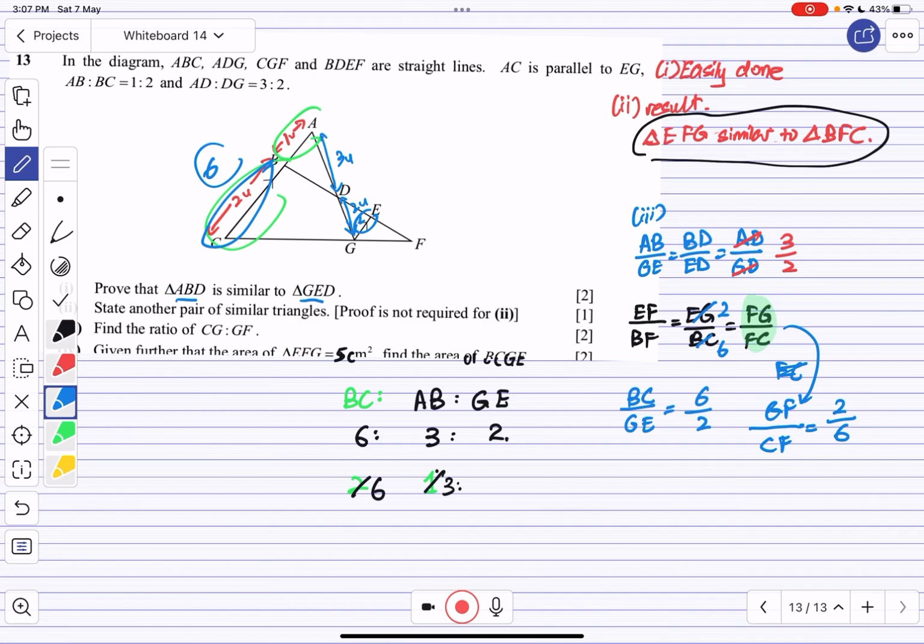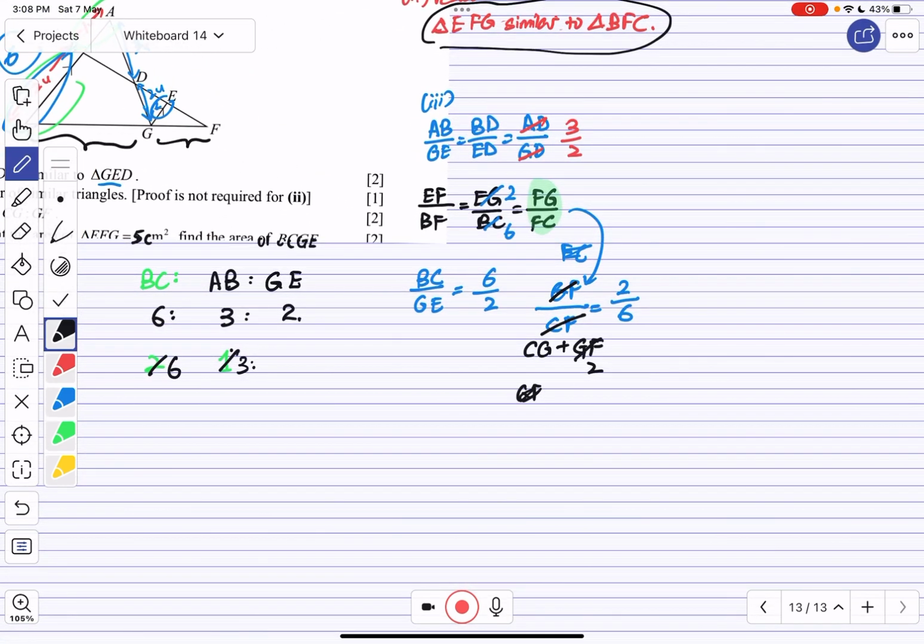And CF is the same as CG plus GF. Okay, CF is the same as CG plus GF. GF again is 2 units. Right, so it's like I'm saying that GF, which is 2 units, over 6. Okay, or GF over CG plus GF is 2/6.